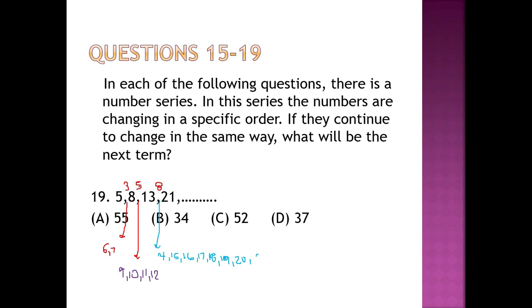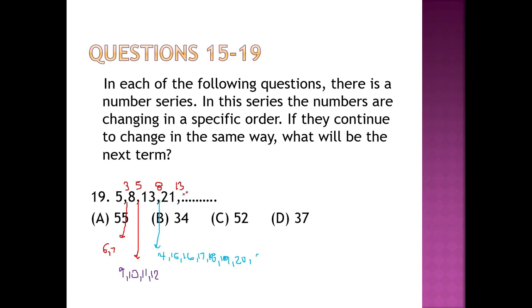So we have 3, we have 5, then 8. This plus this is this. So 5 plus 8 is 13. So let me see if I can find an answer that gives me the difference of itself and 21.